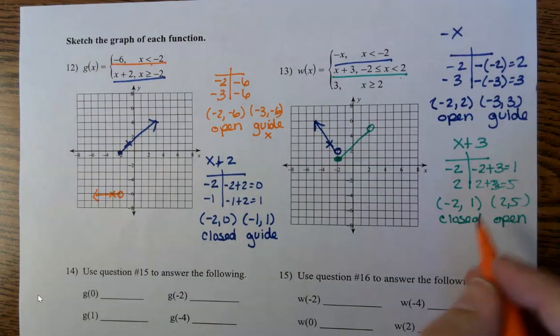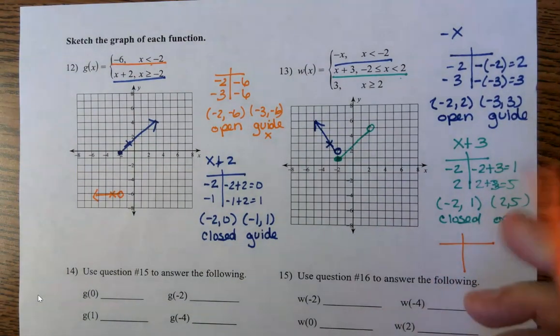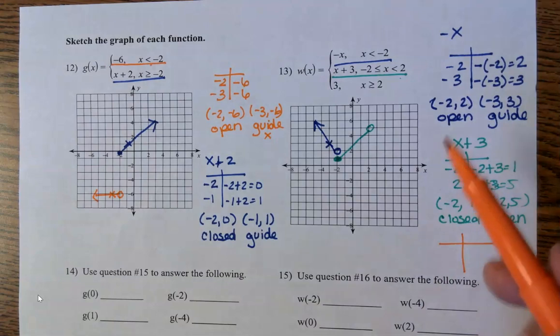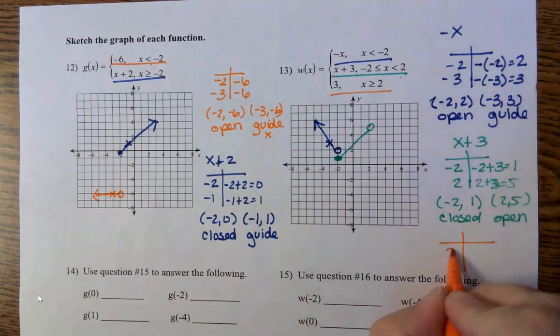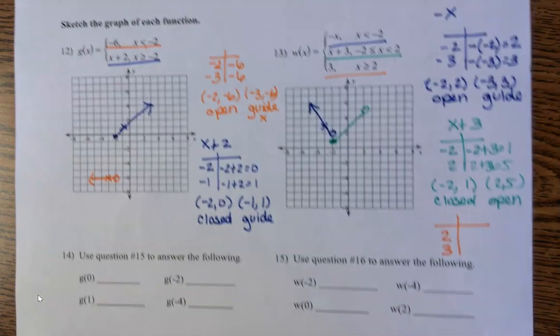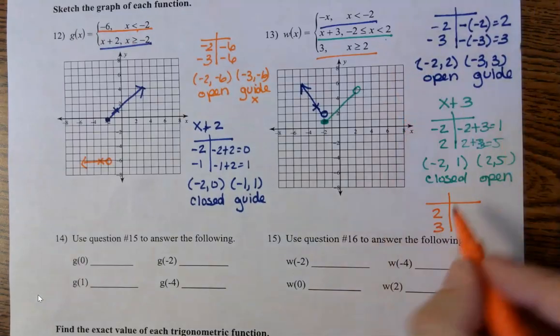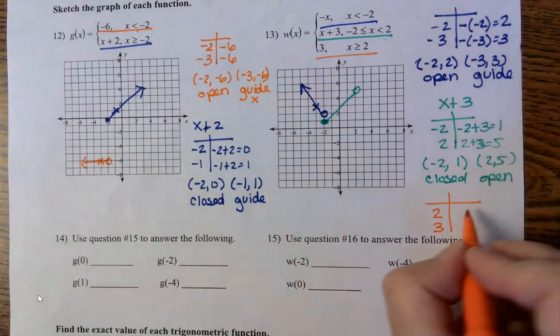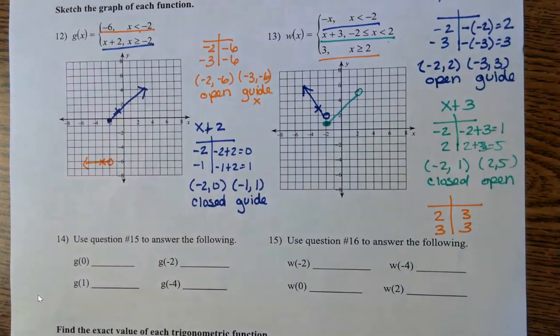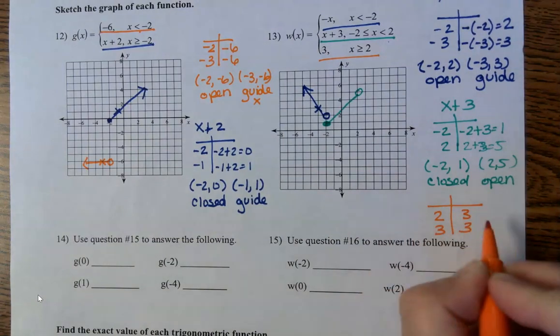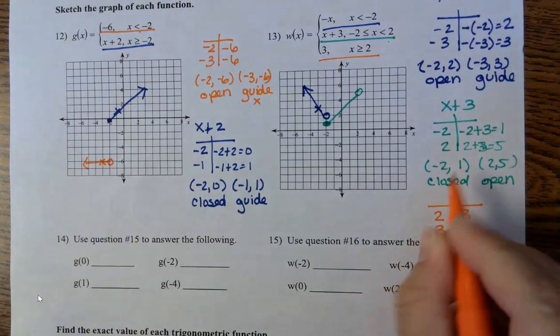Now, last one. Here it is. Okay, so we're going to choose 2 and a number bigger than 2. So I'm going to go 3. Because there's no x here, all my y values are 3. I kind of ran out of room, so we're just going to write it on the side.